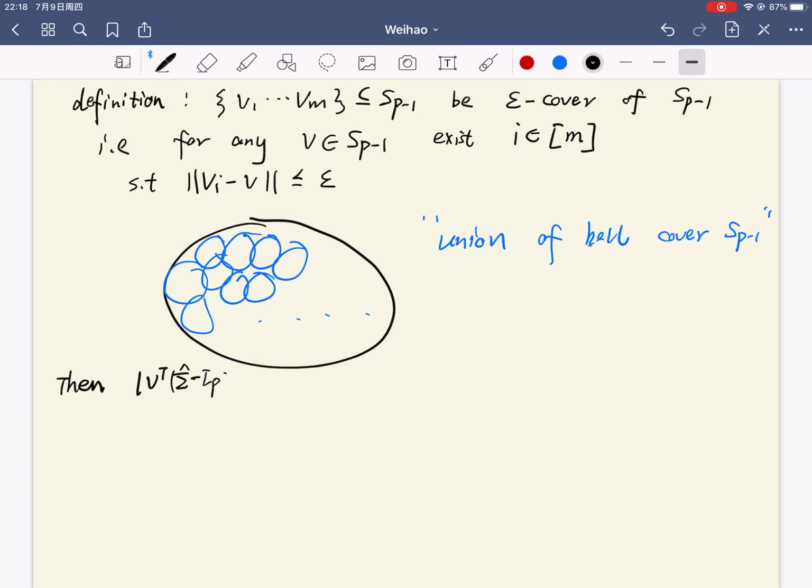Then we analyze this term. We subtract Vj and add Vj back. Use the triangle inequality.